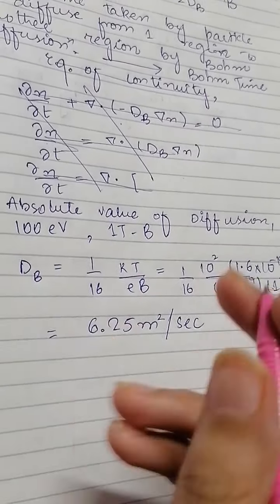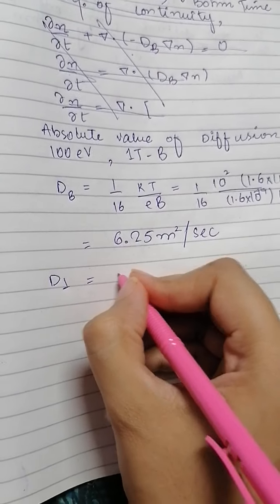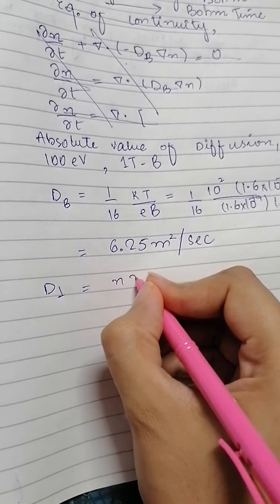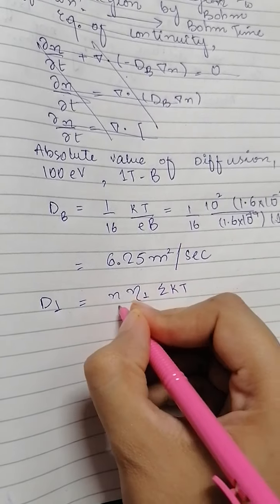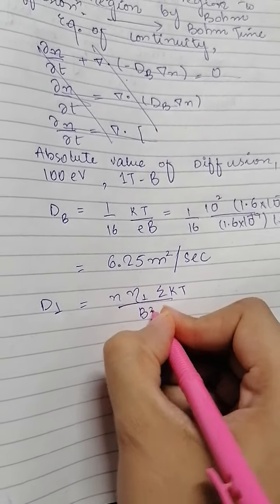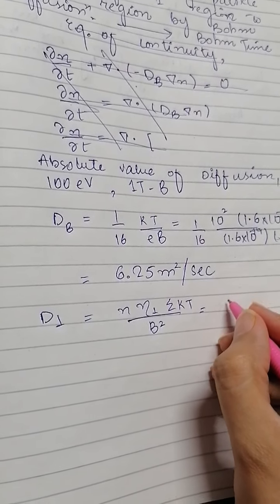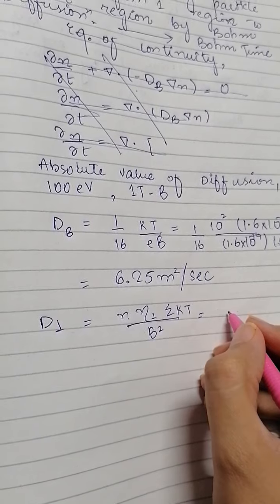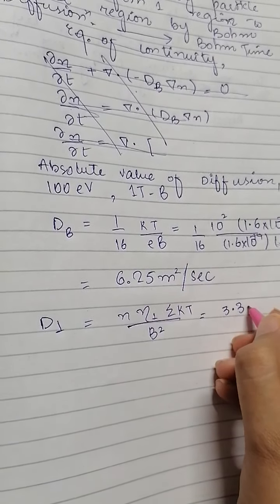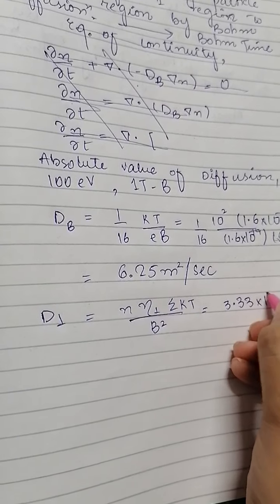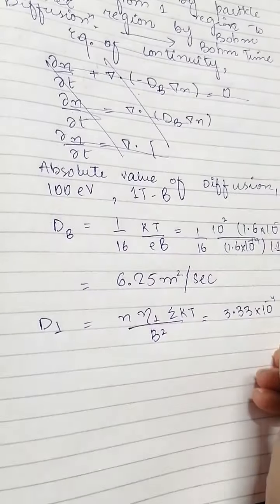By putting the same values in classical diffusion, we get 3.33 times 10 to the power minus 4 meters square per second.